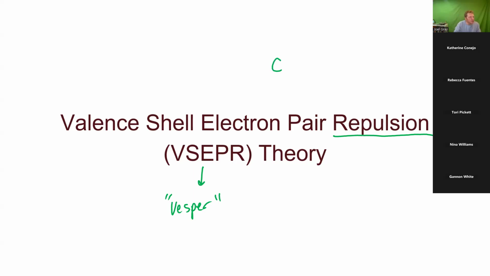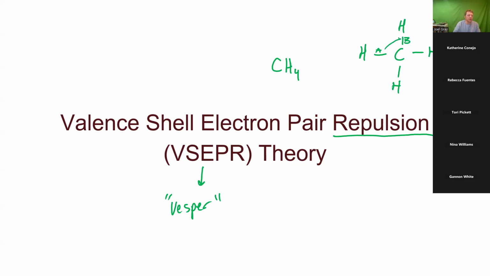Now, when I draw CH4, just as my model, I draw it like this. I've drawn it in 2 dimensions. I'm going to put a label A and B by these pairs of electrons.